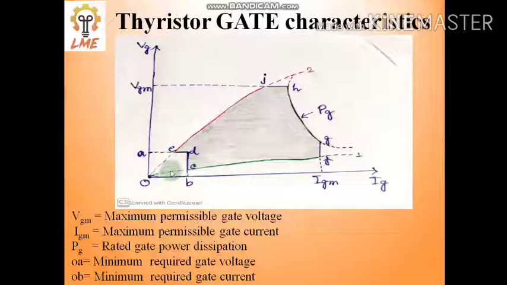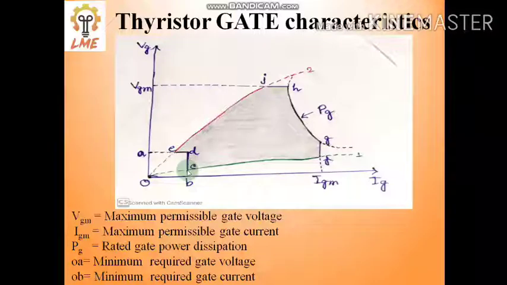Similarly, the current line is confined to the part C to F, because beyond F the current would be above the maximum permissible gate current, and below point C it would not satisfy the minimum required gate current.